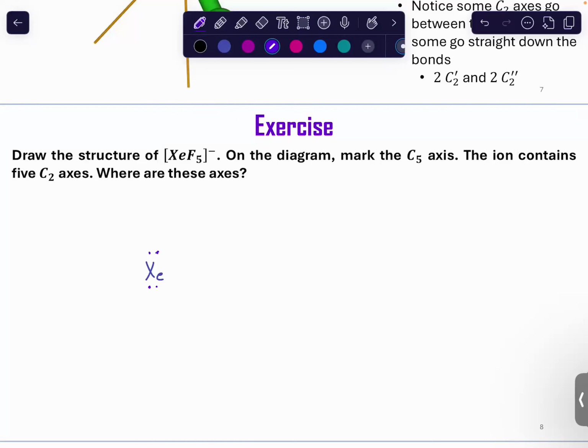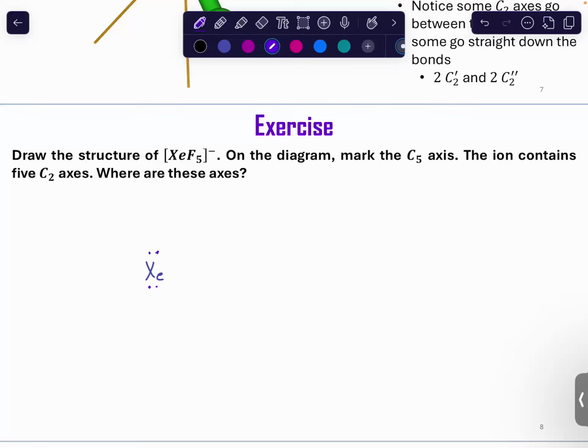Lone pair. Now, your fluorines are going to space out around the, let's see if you remember your terms, the radial positions. They're going to be perpendicular to the lone pairs. So let's think of this: if the lone pairs are axial, where's radial?